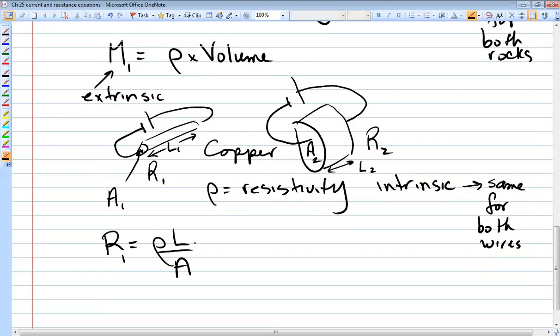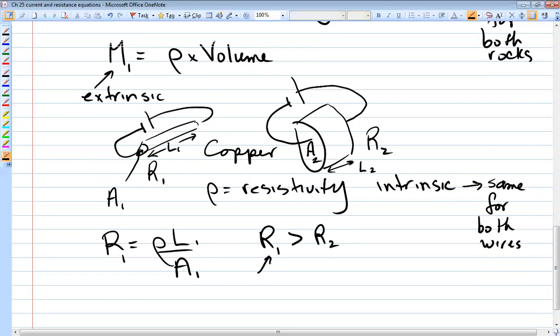And so if you put in the different L's and A's, you're going to get completely different resistances for these pieces of copper, even though their resistivity is the same. So in this case, because L1 is bigger than L2, and because A1 is less than A2, you would have R1 a lot bigger than R2.